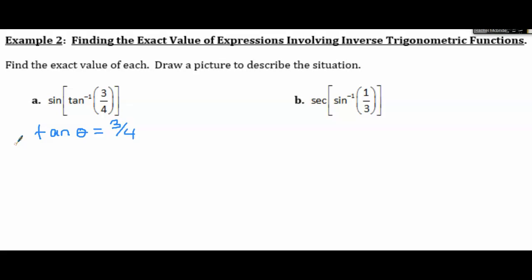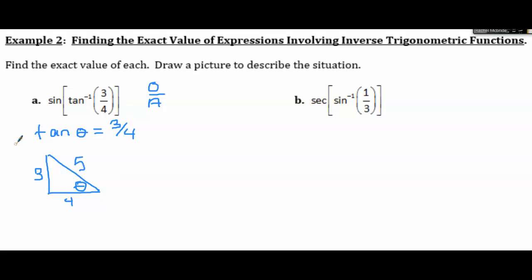And we know that tangent is opposite over adjacent. So if you drew yourself a triangle, you could put theta anywhere you want. We know that opposite has to be 3, adjacent has to be 4. If opposite and adjacent are 3 and 4, what's my hypotenuse? 5. Excellent. So 3, 4, 5.